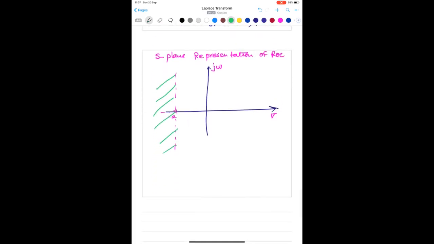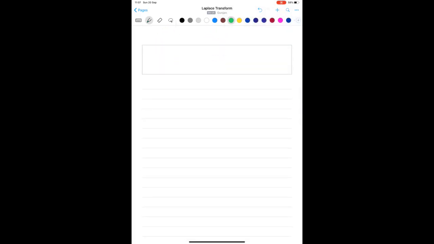Now at this point I want you to try two more signals with a similar form. So you will have x(t) equal to e raised to the power at u(t), and x(t) equal to e raised to the power at u of minus t.